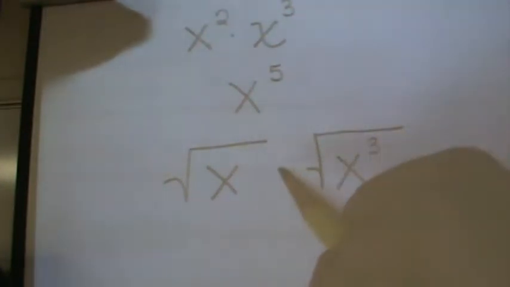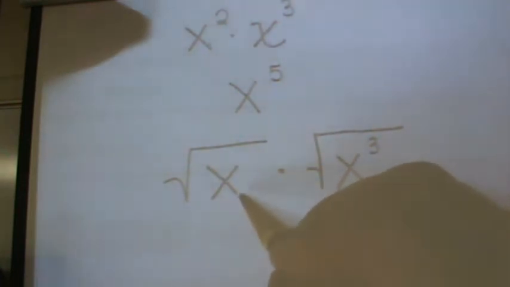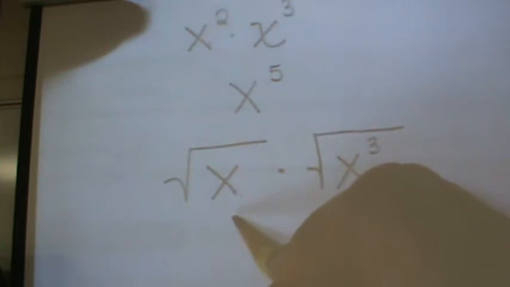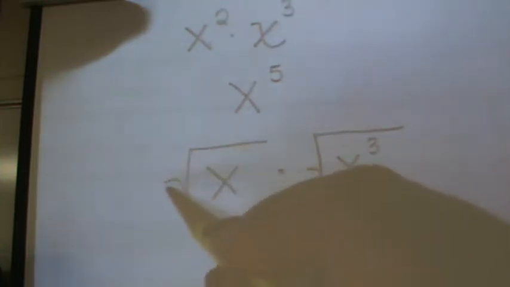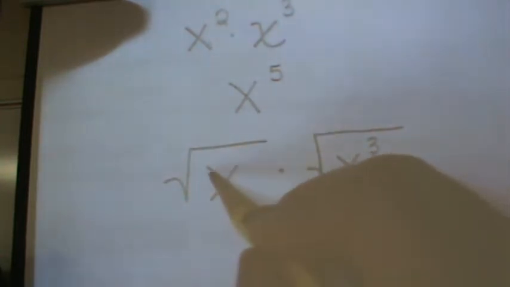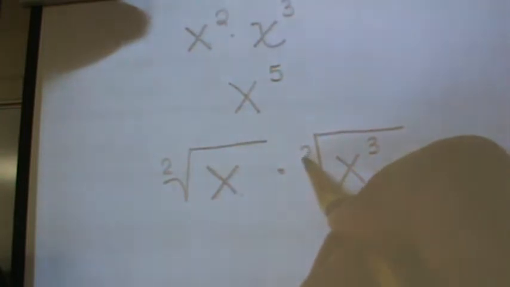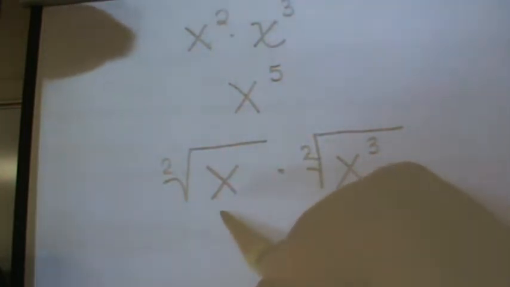Okay, do you guys remember how to convert the square root of x? This is the radical, this is the radicand, and the index is a 2. Good. Do you know how to convert this to a rational exponent?